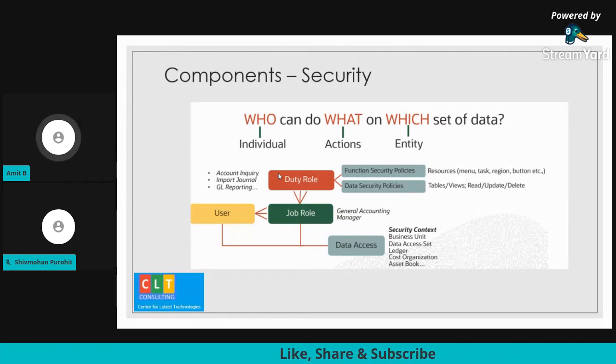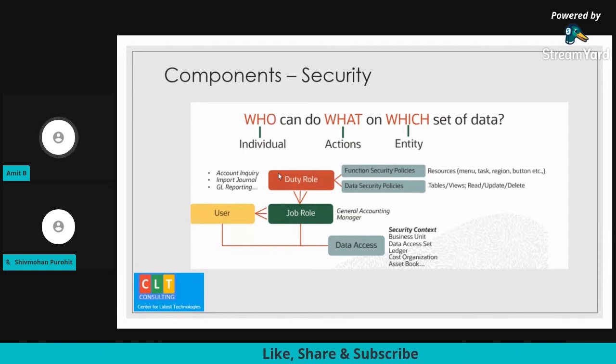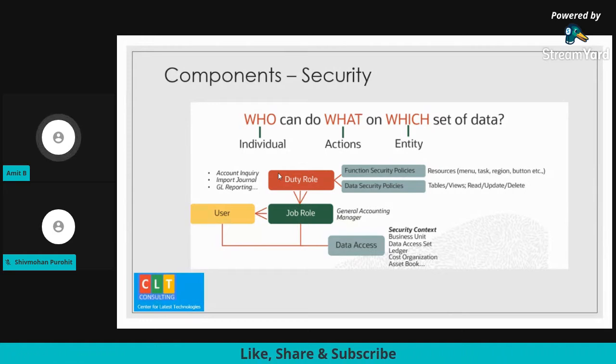So every user has some roles. Based on those roles, you can perform certain actions, and when you have roles and actions, then you define certain access to those individuals along with those roles. That access is provided through data access sets. As we can see here, a user can have account inquiry, import journal, or GL reporting that is related to their job or duty.